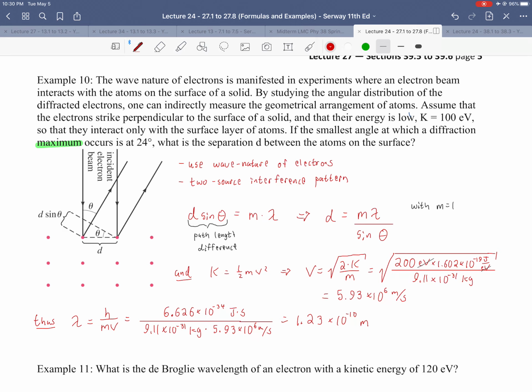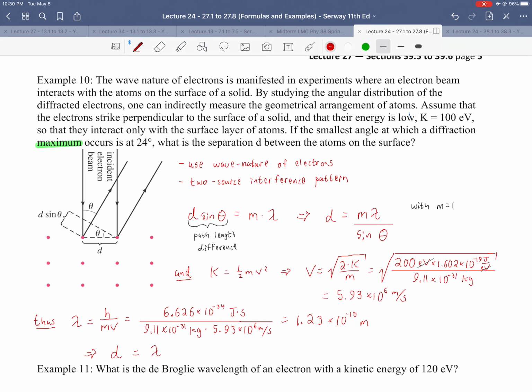So what are we looking at here? The atomic spacing, D, ultimately that's what we're looking for. We know D is going to be 1 times lambda over sine theta. Now sine 24 is what we're working with. That's going to make it a larger value.